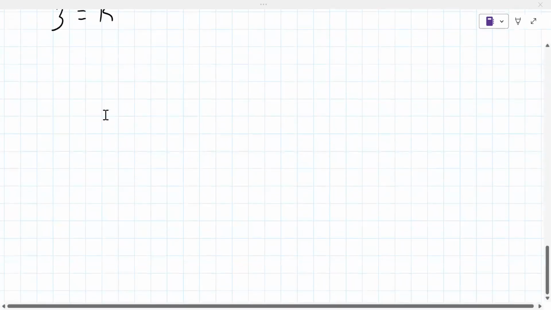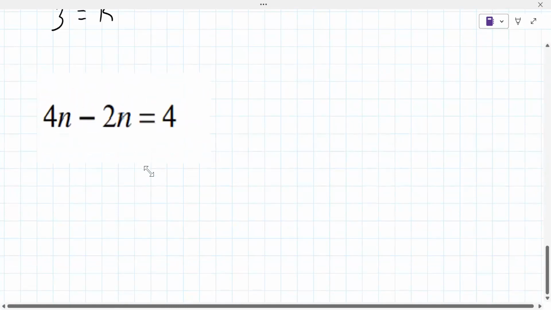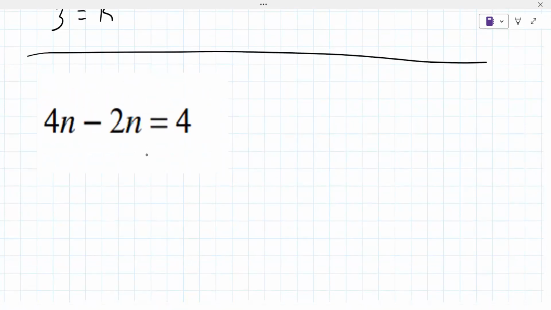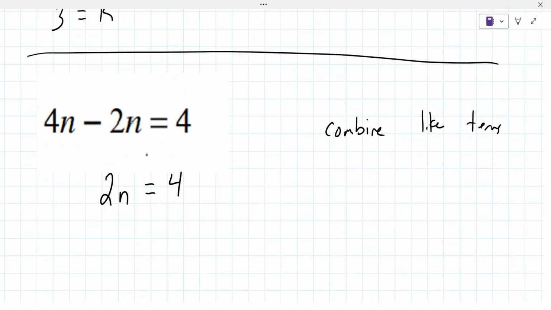All right, so now let's look at a new problem here. All right, so we're going to first combine like terms. Do you see any like terms? 4n and 2n. Yeah, 4n minus 2n is 2n equals 4.